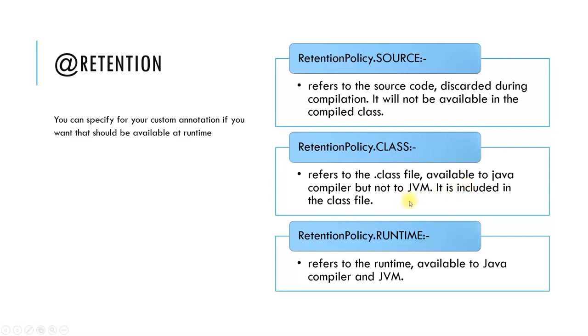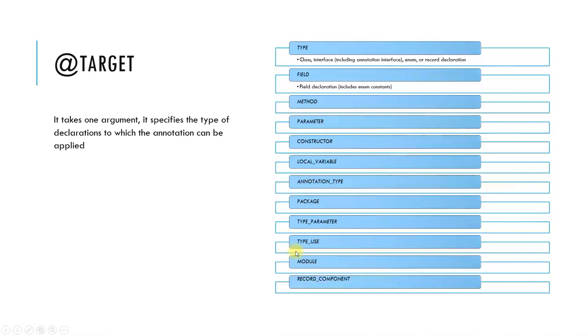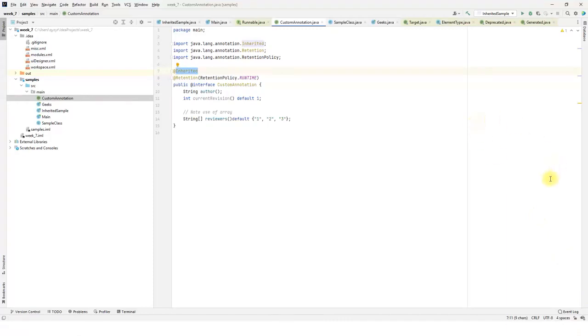So it's included in the class file. Also, we have runtime annotation, which refers to the runtime available to Java compiler and JVM. So in this example, we use runtime annotation to get access at runtime.